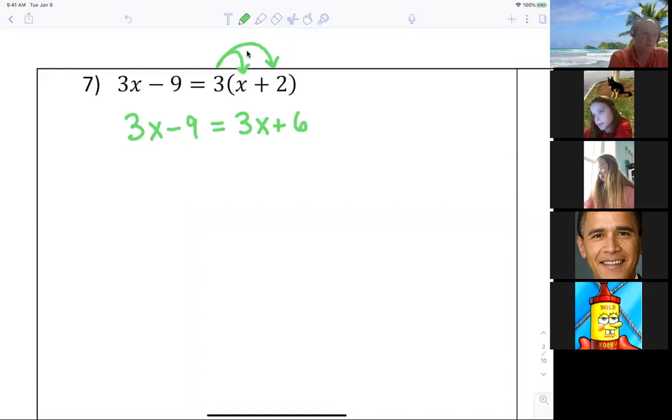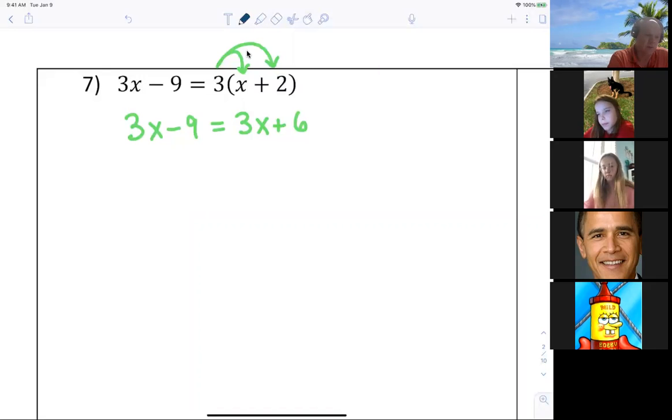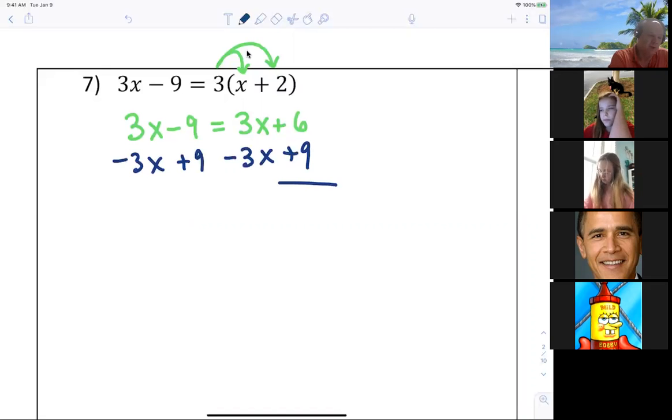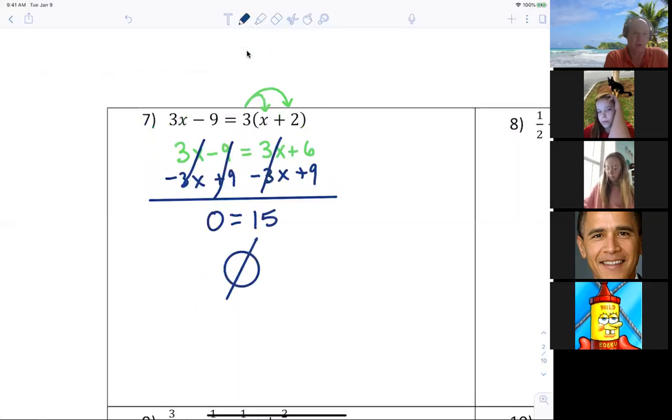Yes, no solution. If you can't remember that, it's minus 3x plus 9. Now what happens is this cancels, that cancels, that cancels. 0 equals 15. Can 0 equal 15? No. So 0 with a line through it. Everybody good with that?